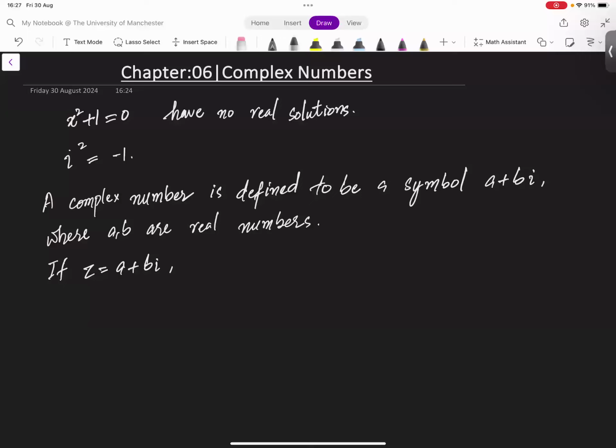then a is the real part of z and b is the imaginary part.